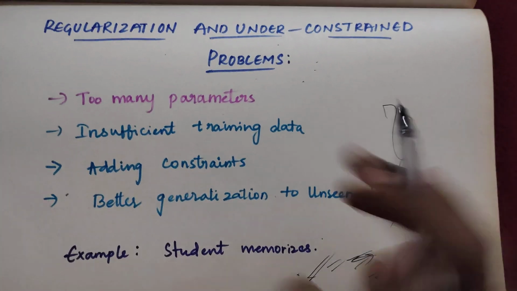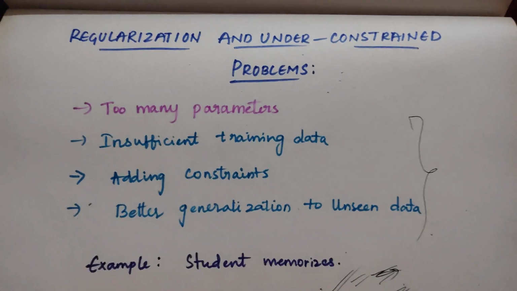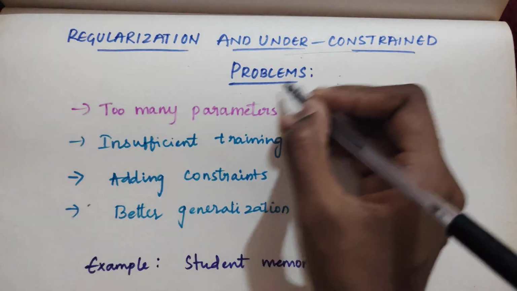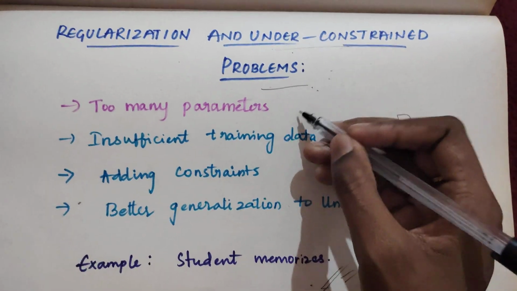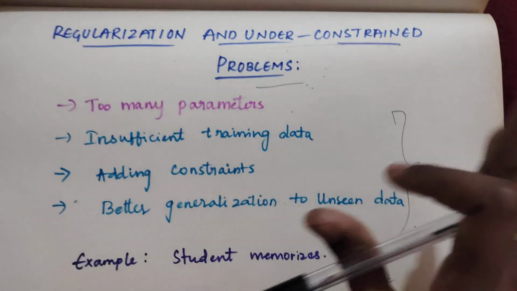Now let's discuss the concept. Regularization and under constraint problems are nothing but these under constraint problems. Basically they occur only when a model has too many parameters and insufficient training data.